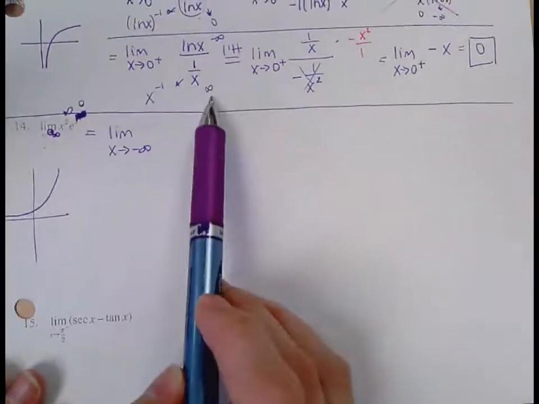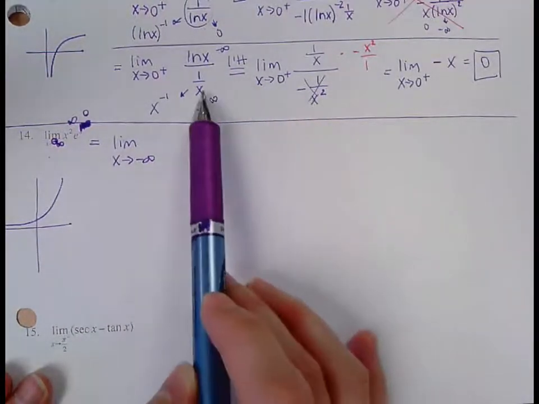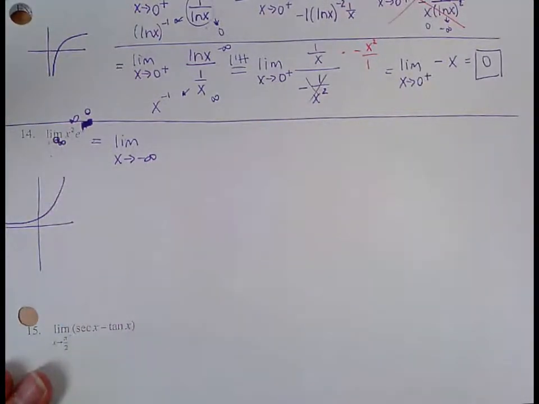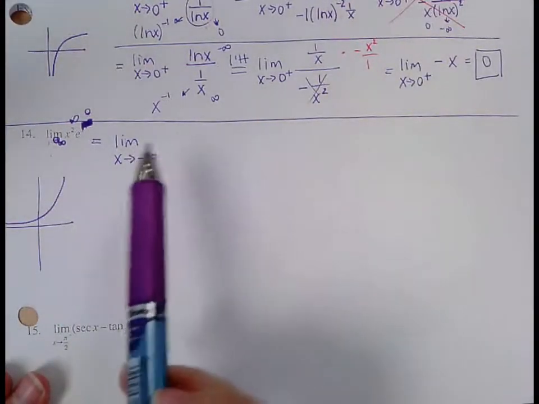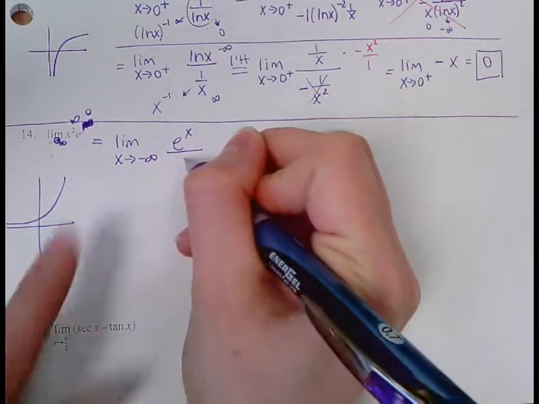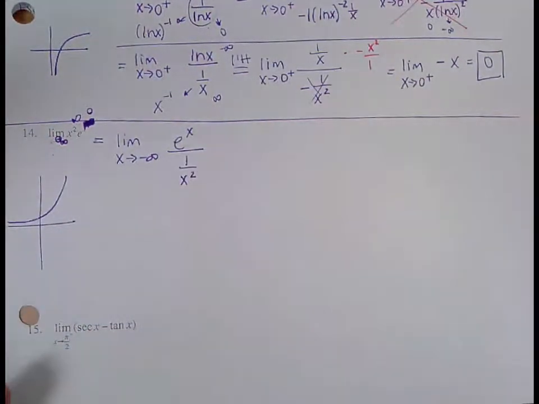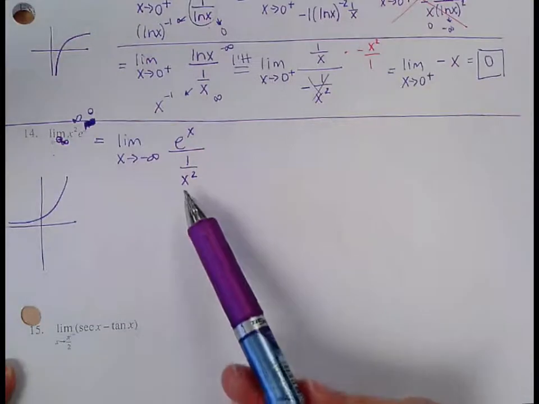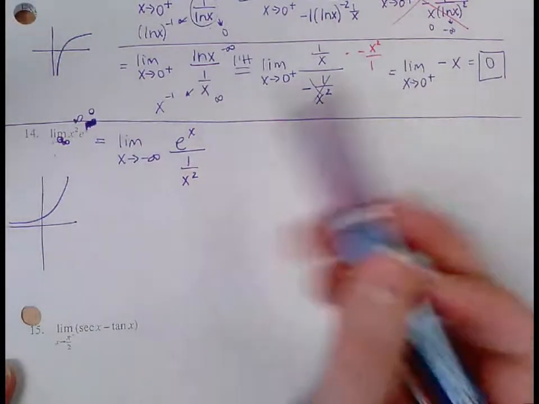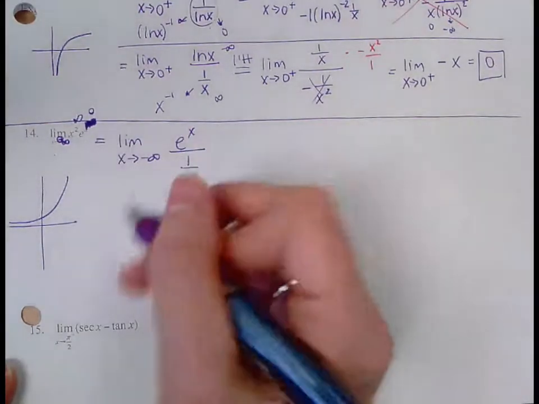When you do that, your powers on x in the denominator are going to keep going up, and we know the derivative of e to the x never changes, it just stays e to the x. If you had e to the x over 1 over x squared, the top is going to keep being e to the x, and the powers on x keep going up because they're in a denominator. So this route will not get you anywhere if you have a power function times e to the x.